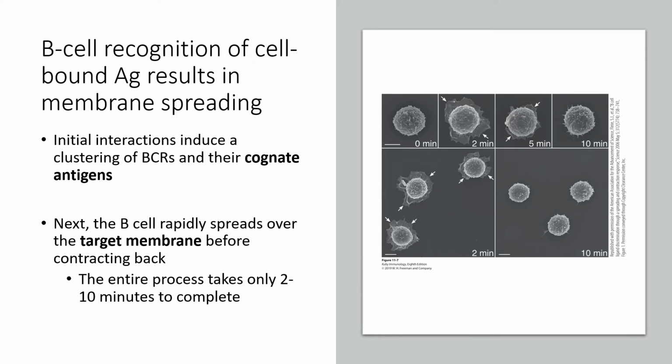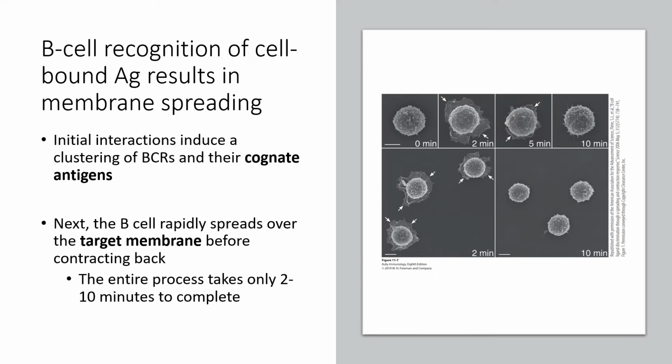It's literally going to spread itself and give a giant hug and try to engulf a big section of that antigen presenting cell. It's trying to maximize contact between the B cell membrane and the dendritic cell membrane. The more overlap of those two membranes that you can get, the more antigen, B cell receptors and MHC you can cluster into one area, which is what's going to happen after that.